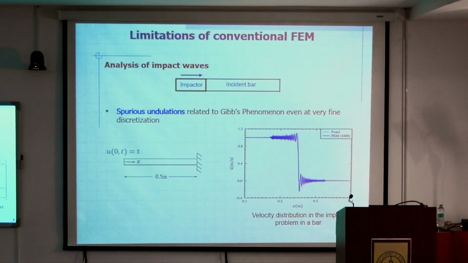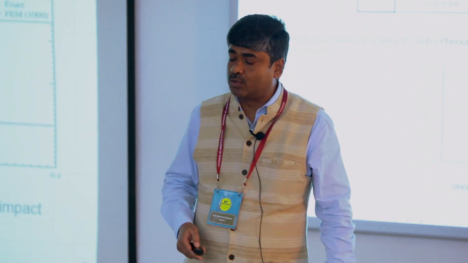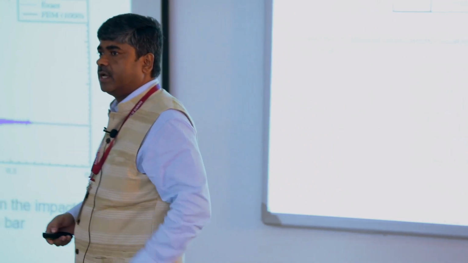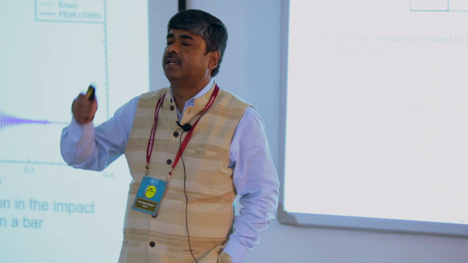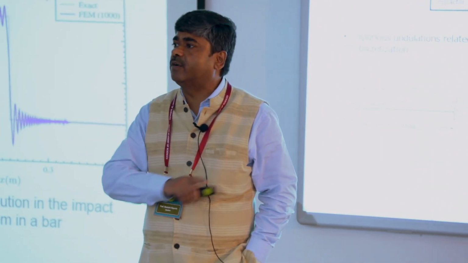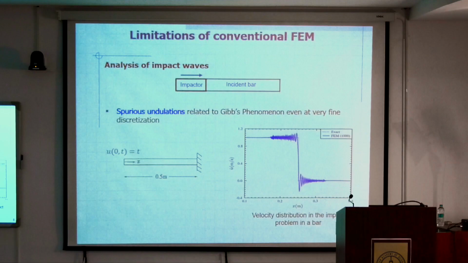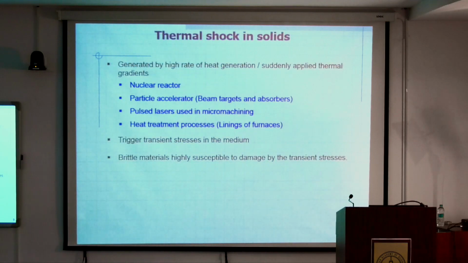But if you do a finite element analysis, this is what you are going to get. Instead of this, you are going to get spurious oscillations. That is called Gibbs phenomenon, and that is very common. And whatever fine mesh you make, this cannot be removed from a finite element analysis. So these are the issues that are there.